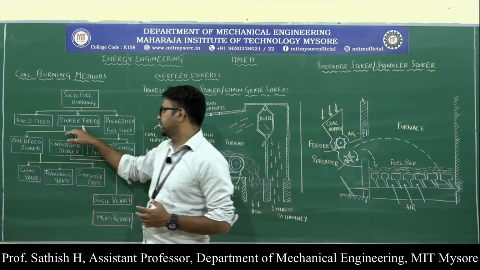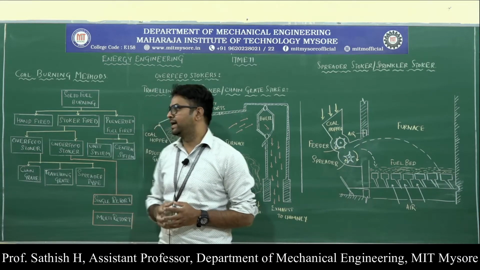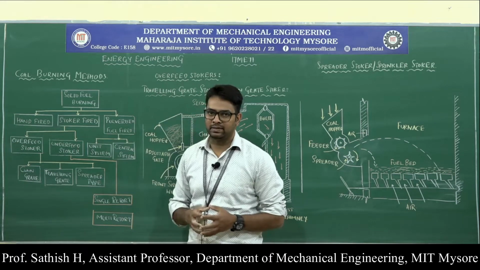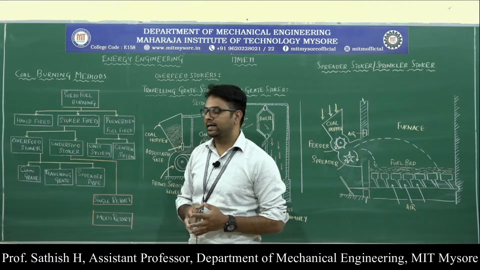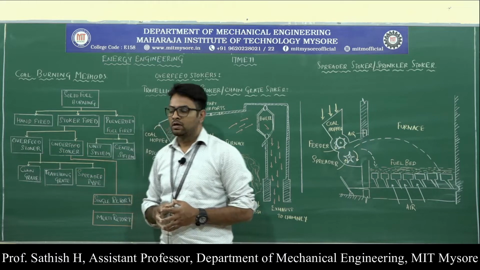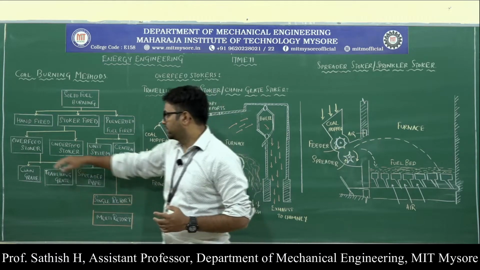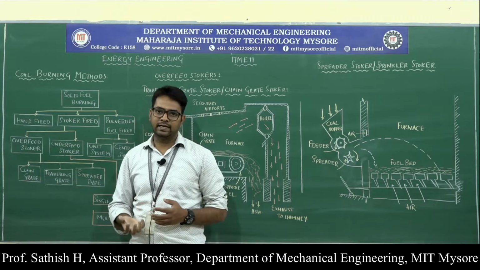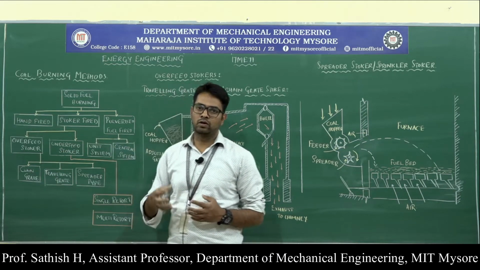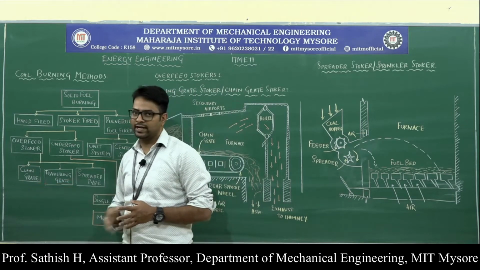The stoker fired method of coal burning can again be classified as overfeed stoker and underfeed stoker. In the overfeed stoker, we take the coal over the stoker, and it is again classified as a chain grate.